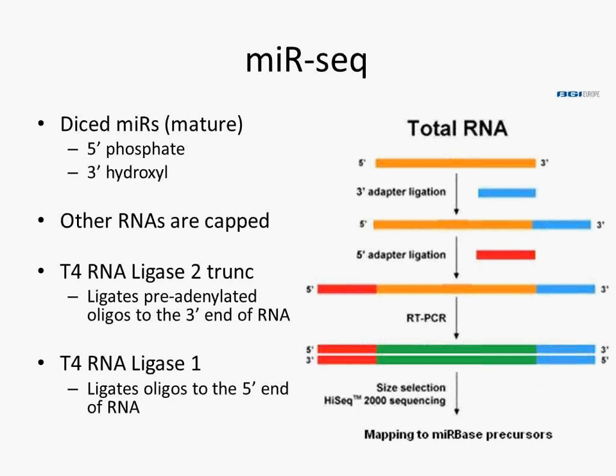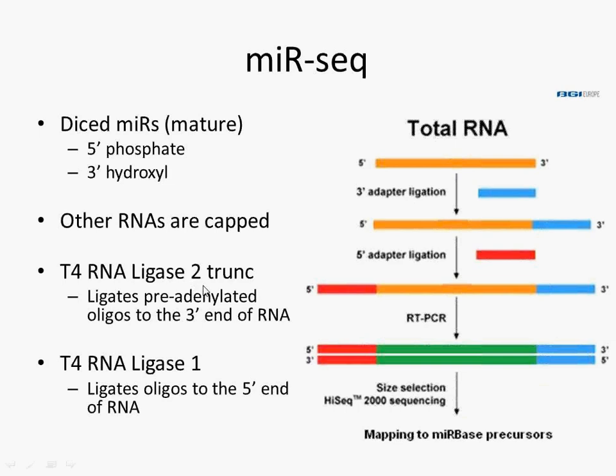In the core, we take advantage of the fact that the Dicer-processed microRNAs, the mature forms, have a 5' phosphate and a 3' hydroxyl, whereas other RNAs are usually capped and don't have these phosphorylation statuses at their ends.